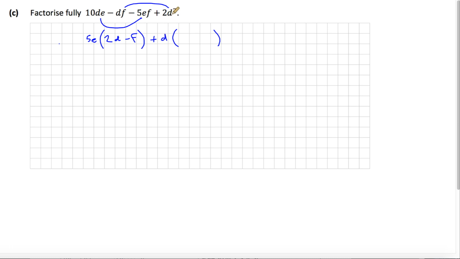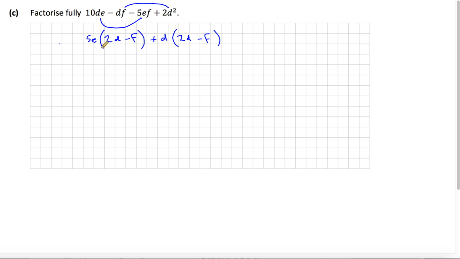So I'm going to factorize d out of 2d squared. That gives me 2d. And then when I factorize d out of negative df, it leaves me with negative f, which is exactly what I wanted. If you had taken minus d out, you would have got these terms with the signs changed. So you would then have to redo it.